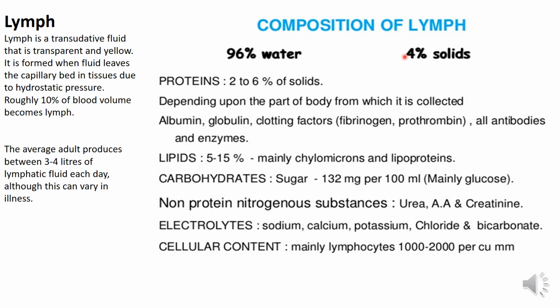Out of this 4% solid, protein is 2 to 6%, lipid 5 to 15%, carbohydrate 132 milligram per 100 ml, non-protein nitrogenous substances like urea and creatinine, electrolytes like sodium, calcium, potassium, chloride, bicarbonate, and cellular content mainly lymphocytes.